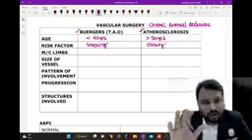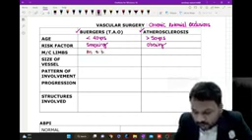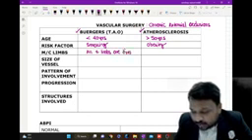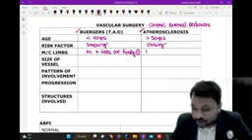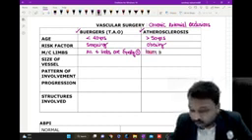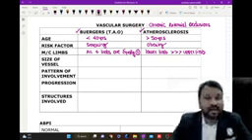Remember, Buerger's does not have a favorite child. Here we say all four limbs are equally involved. Whereas in atherosclerosis, it is the lower limb that is far more commonly involved when compared to the upper limb. In fact, upper limb atherosclerosis is a rare entity.